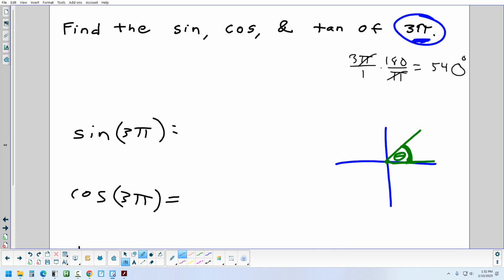Okay, so now we've got an angle that's 540 degrees. That's a little bit easier to work with, but it's still too big. So, because we want to work with angles, subtract 360. Yeah, we want to subtract 360.